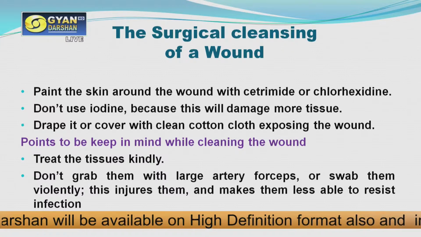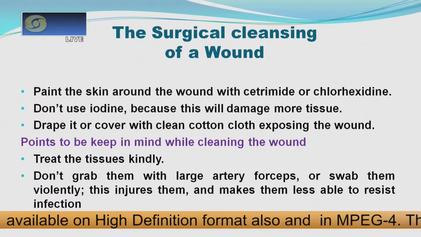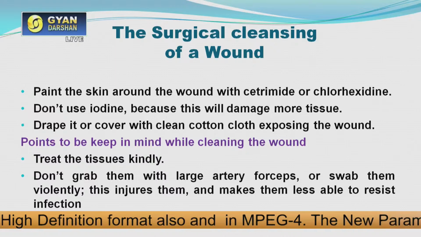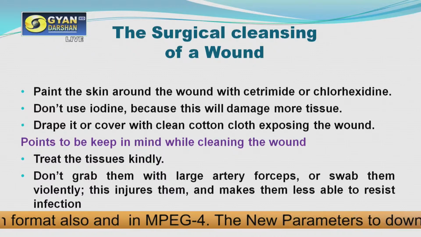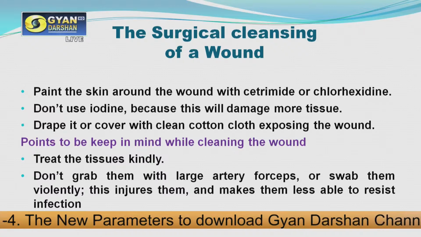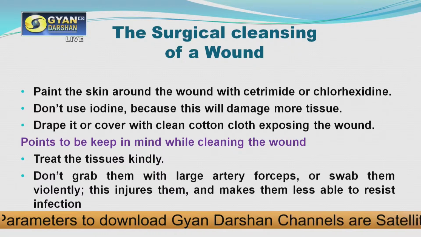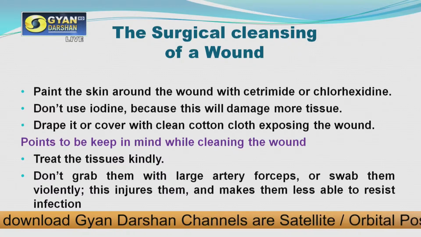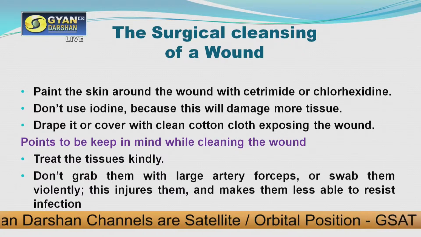These are available in the health setup, but don't use iodine because it can damage the tissues of the wound rapidly. And you drape it or cover it with clean cotton, only exposing the wound.